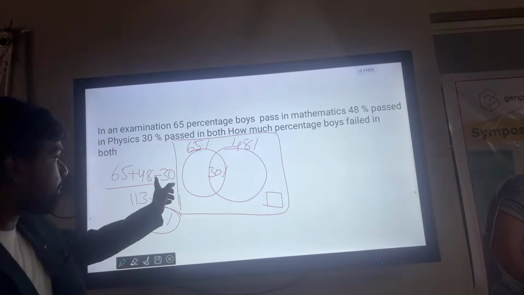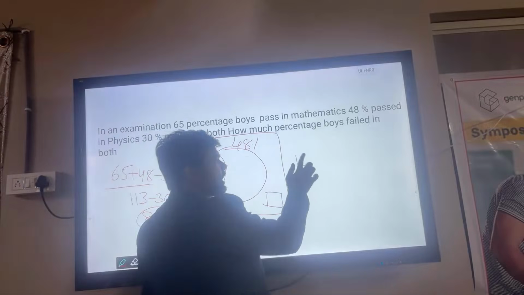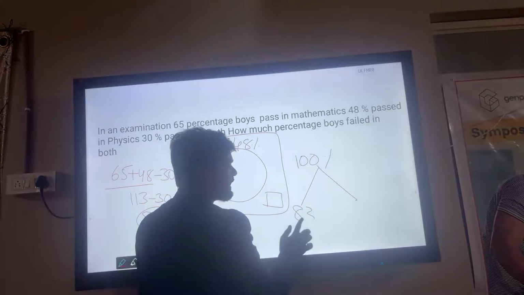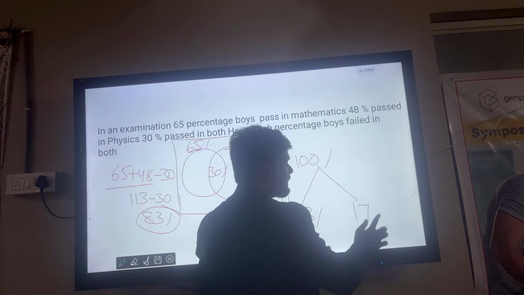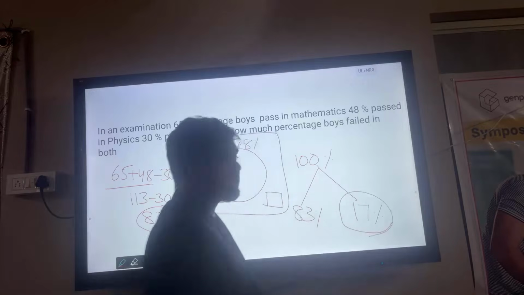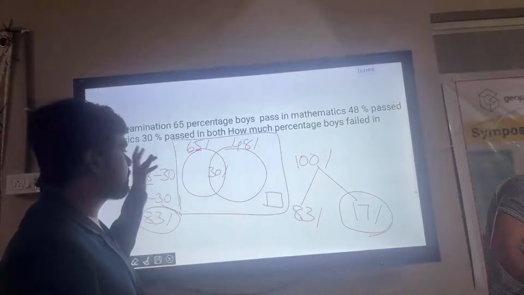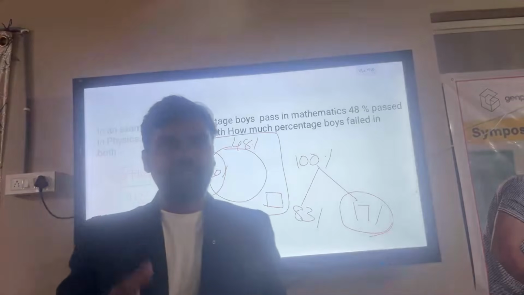This 83 is the total passed candidates. Always the total is 100%. In this 100%, 83% of the boys passed, and the remaining 17% will be failed candidates. They are asking how many boys failed in both. 17% of the boys failed in both the subjects.